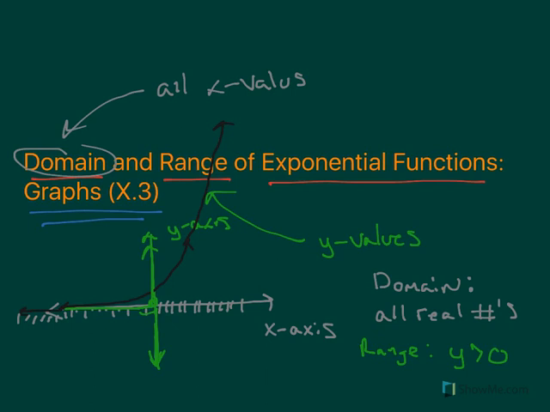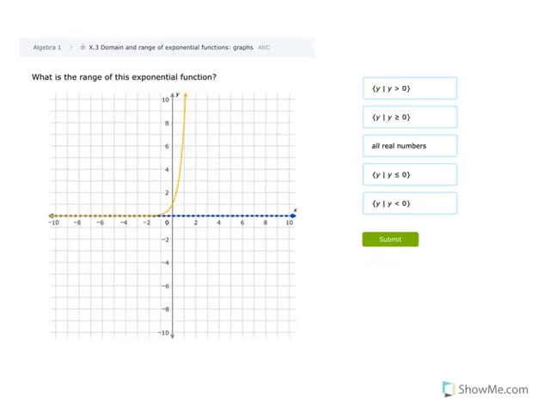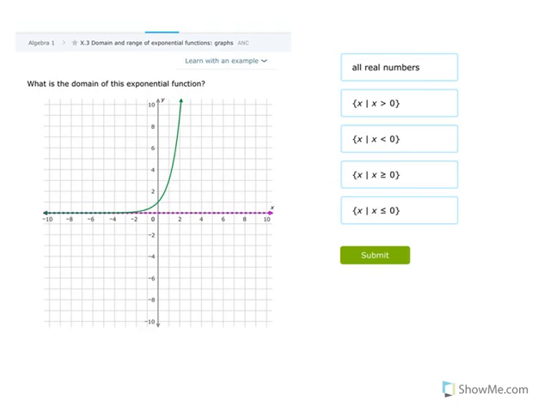And let's go ahead and do a few problems that we will see on IXL.com, section X.3 from the Algebra. So question 1 says, what is the domain? So what are all the possible x values? Pretty much the answer for any exponential function is that you can put in any x value that you want.